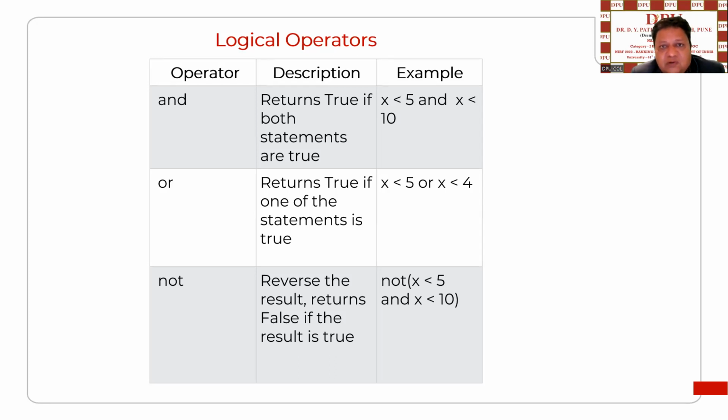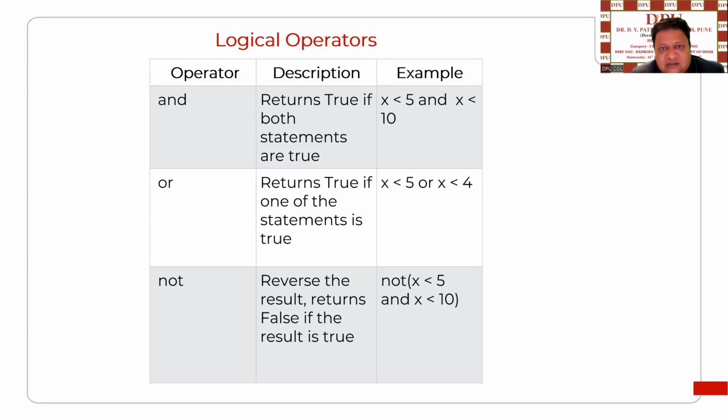So in that case, I will use the not condition: not age less than 20. If that person has an age less than 20, then I would not consider him for giving the next facility.